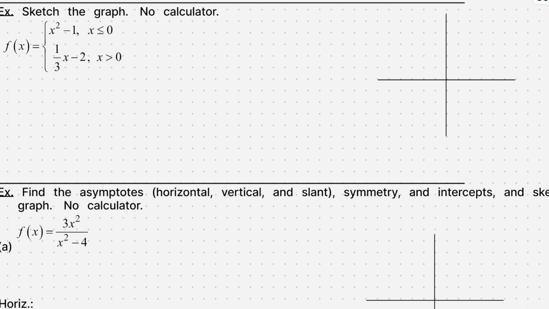Quickly, this next piecewise function is split up across x equals 0. So on the right side, when x is greater than 0, it's a line with a slope of 1/3 and a y-intercept of negative 2. And to the left, it is a parabola with its vertex at 0, -1. So our graph looks like this.